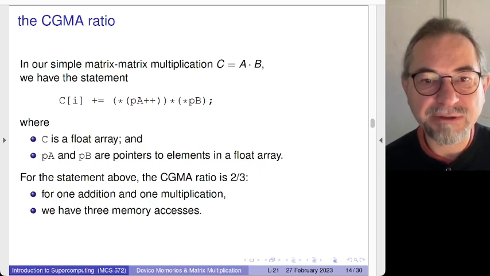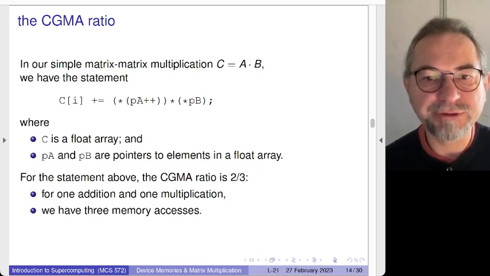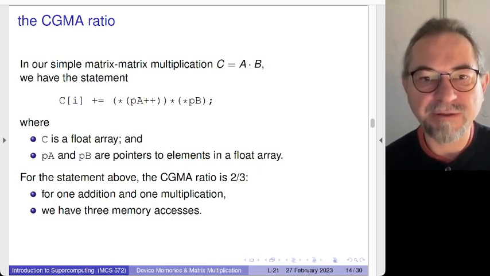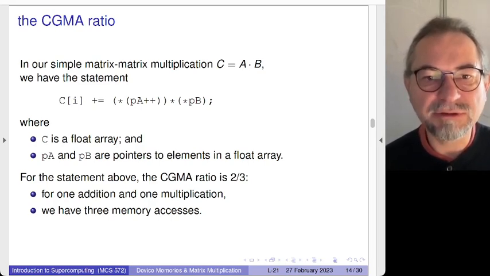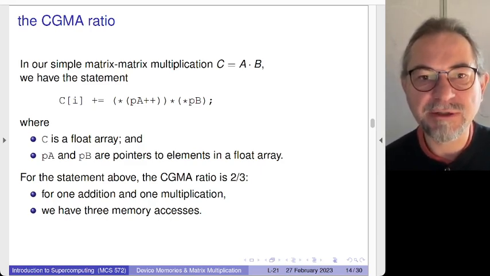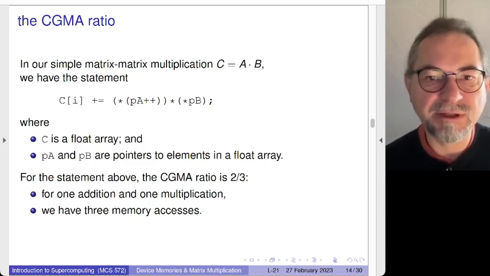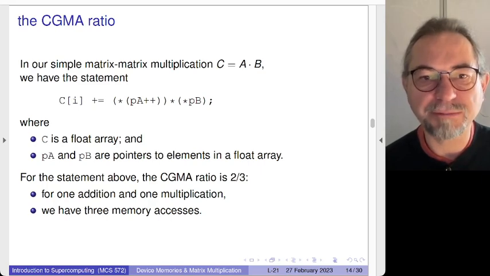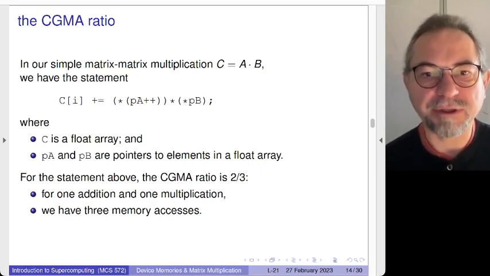Pointer arithmetic: we update the pointers after we have used them. If you count the operations, we do one floating point addition, the plus equals, and one multiplication. Said differently, we first do the floating point multiplication and then we do the update with the plus.